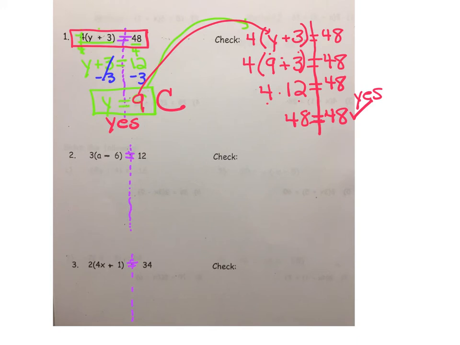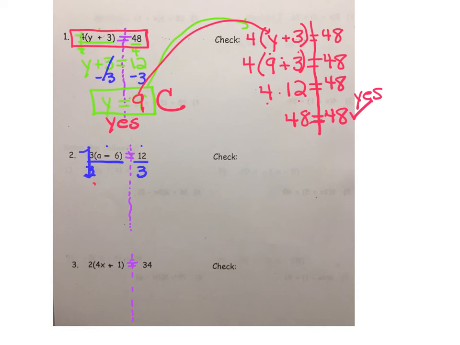Let's try another one. Let's take a look at number 2. Here we have 3 times the quantity a minus 6 equals 12. One of our factors is 3, and our other factor is the quantity a minus 6. Well, let's eliminate the 3 by dividing both sides by 3.